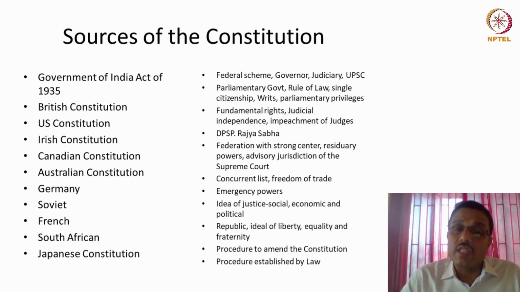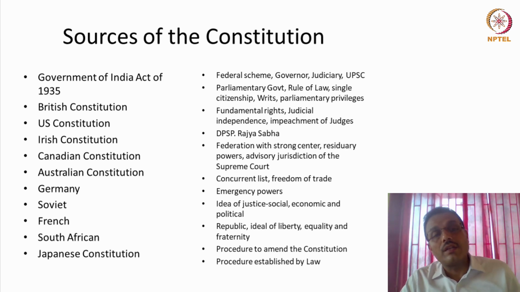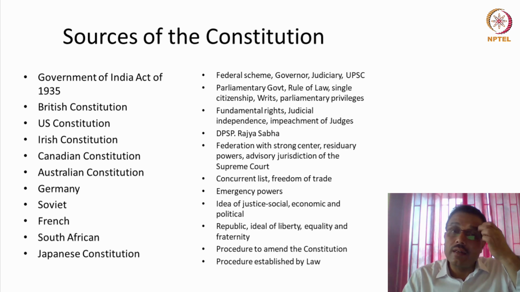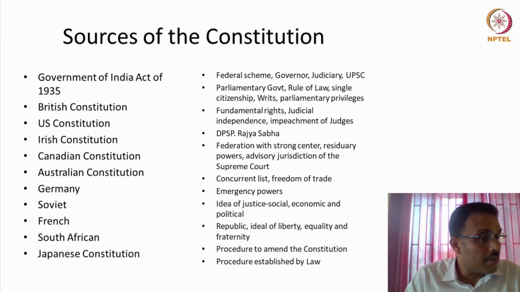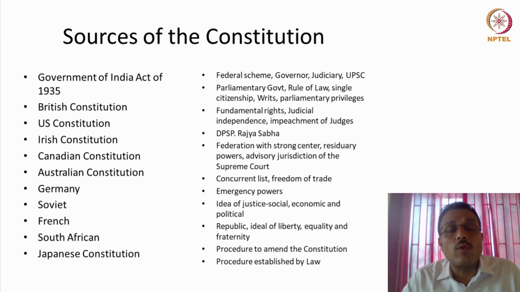The Government of India Act was repealed later on, but that was the basis on which we fought for our independence, though it took another 12 years, rather 13 years, 1948 I can say precisely, where we started gaining that kind of independence. So that's precisely what the Government of India Act has given: the federal scheme, the governor and judiciary.